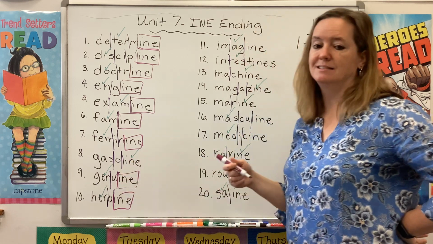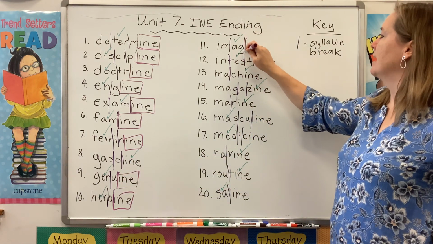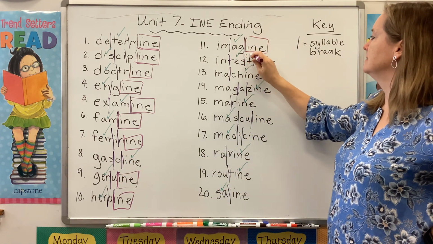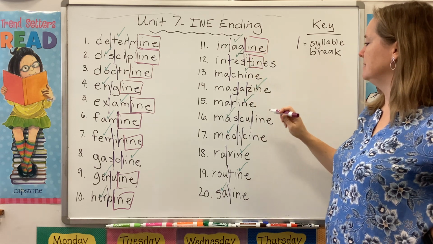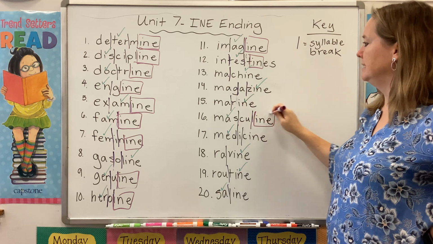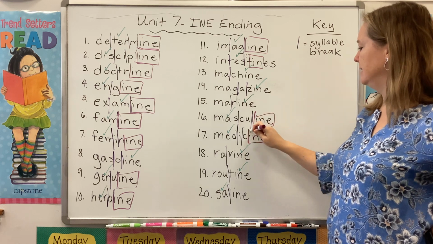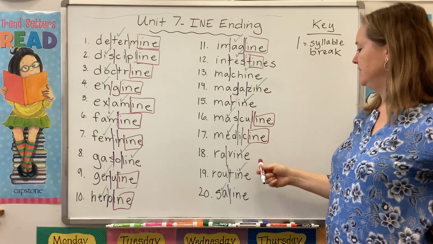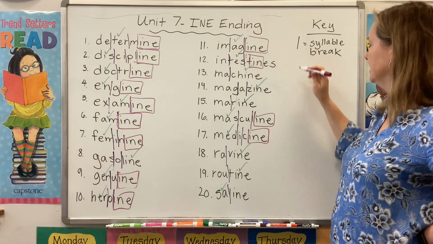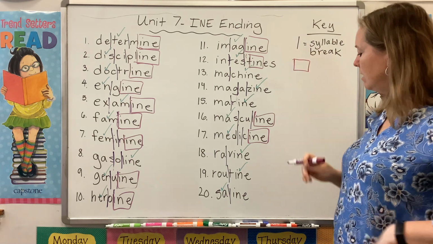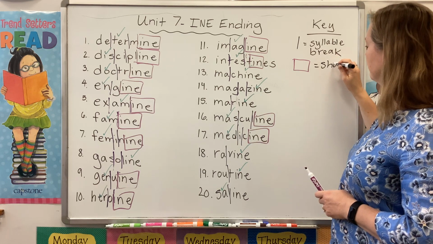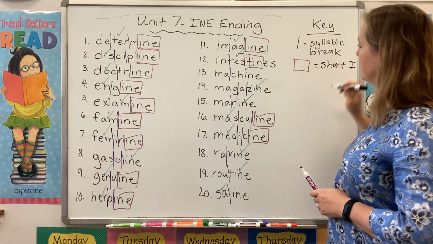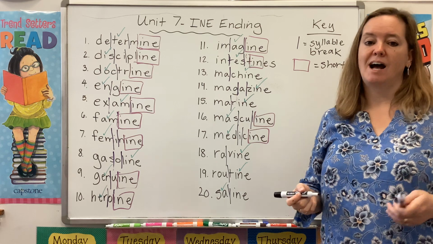Yes, I skipped gasoline. Imagine, intestine, skip machine, skip magazine, marine, masculine, medicine, skip ravine, routine, and saline. In all of these words, it takes on a short I sound.